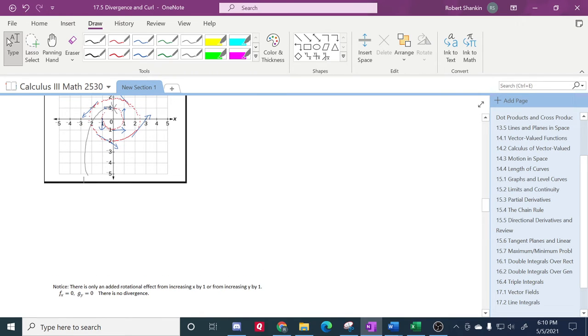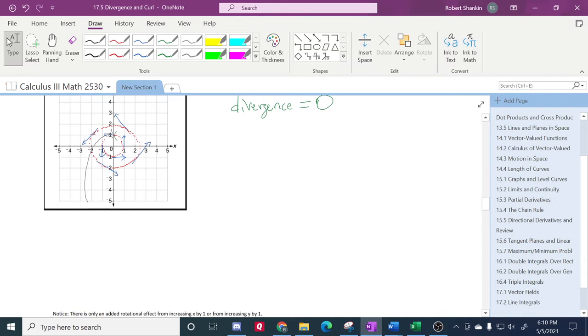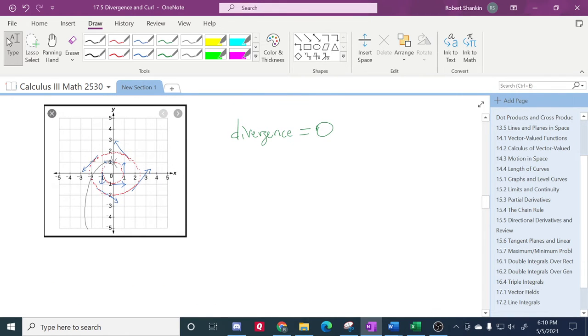Notice, there is only an added rotational effect from increasing x by 1 or from increasing y by 1. Wherever you're at, if you increase your x by 1, particularly if you're on the x-axis, you've increased the y, but you haven't increased anything in the x direction.